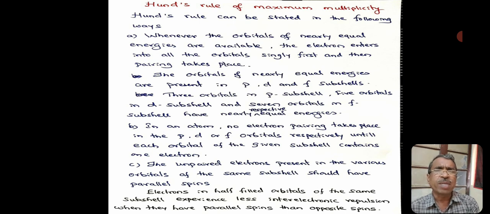All these statements represent Hund's rule. Electrons in half-filled orbitals of the same subshell experience less interelectronic repulsion when they have parallel spins than opposite spins.